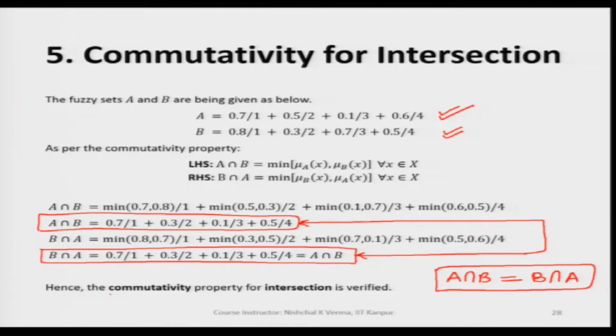Since we have already checked this condition for continuous fuzzy sets A and B, and in this case also for discrete fuzzy sets, we can say that the commutativity property for intersection is verified.